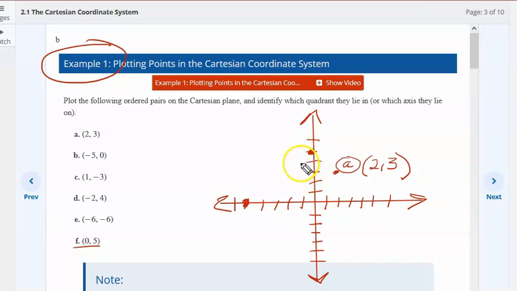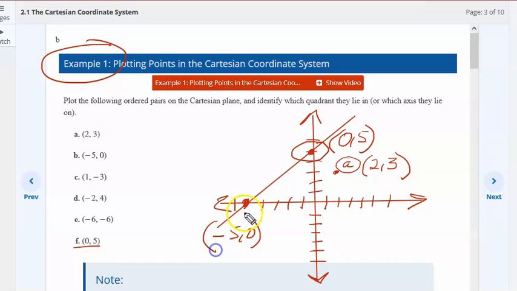I plotted these points for a particular reason, because if we were to make a line through these points, something you may or may not be familiar with, we have what we call plotted the intercepts, where in this case it's (0, 5), and in this case (-5, 0).